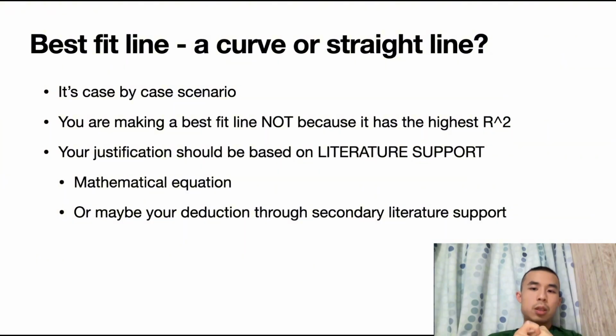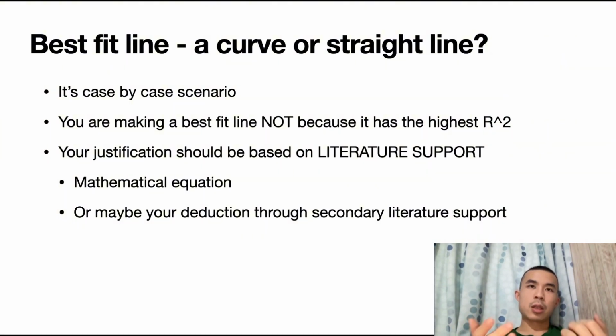The reason is that R squared should not be your justification for putting up a curve or a straight line. The justification should be based on your literature support. For example, take the Arrhenius equation again. It shows that natural log k and 1 over T should have a linear relationship.